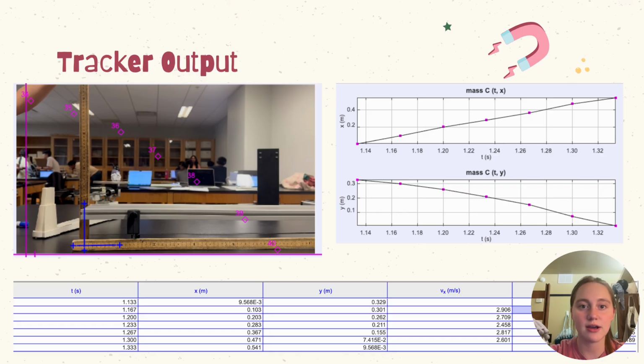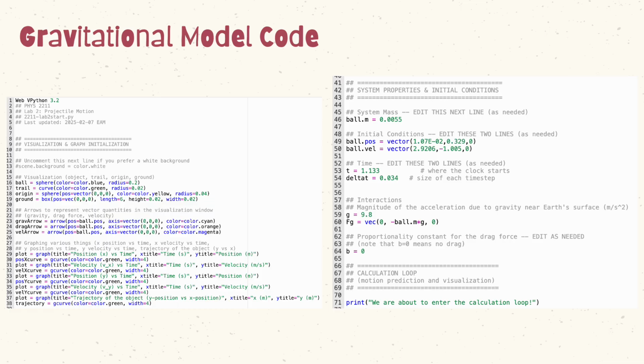The image on the left shows how the point mass was collected, and the two graphs on the right were data obtained from Tracker. The data table below shows the time, the x distance, the y distance, and the velocity in both the x and y directions, and that's what gave us the initial conditions.